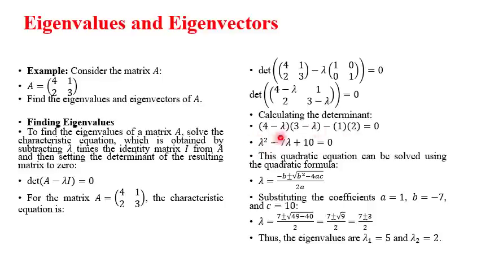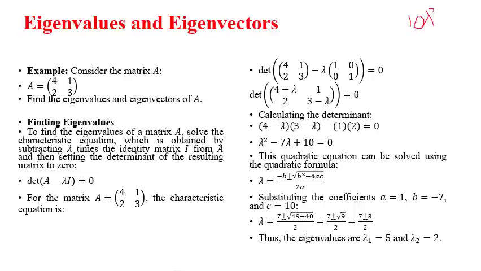So this can be solved using various methods. You can decide to factorize, or you can decide to use the quadratic formula. If you want to factorize, you say 10 multiplied by lambda square, that will give you 10 lambda square.